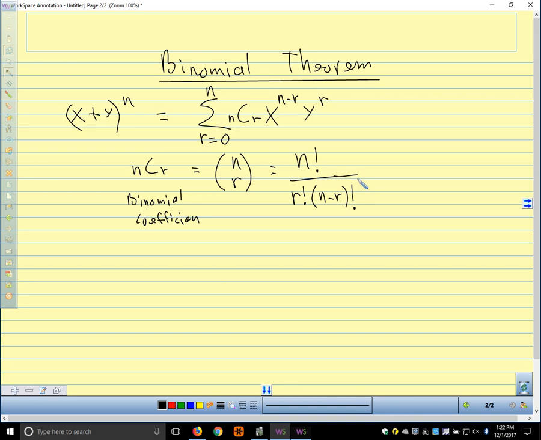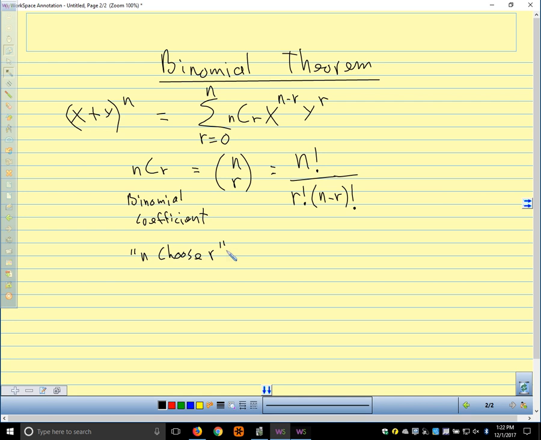So when we were simplifying factorials in the first section of the unit, we simplified a lot of factorials like this. And the way that I usually say this is n choose r, because this is going to connect with how we count certain things.